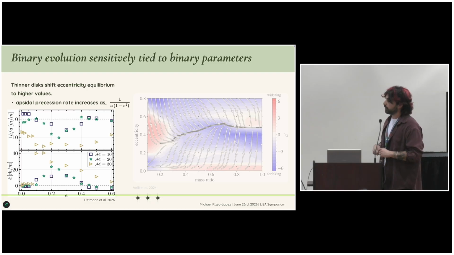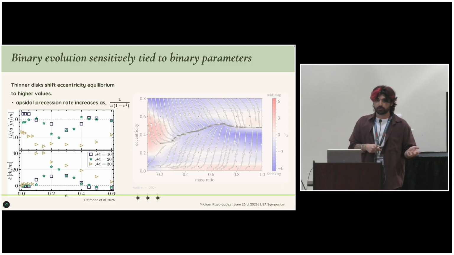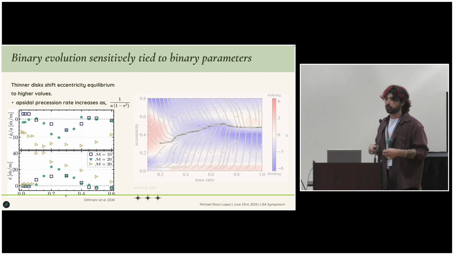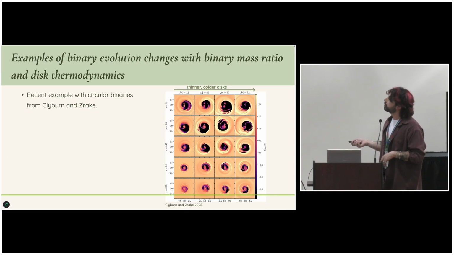In the bottom panel, we have eccentricity evolution as a function of time. What we see is that with these thinner, more realistic disks, we have a more rapid in-spiral, and our binaries also evolve to higher eccentricities. This is specifically exciting for somebody who's putting relativistic apsidal precession into a simulation, because higher eccentricity and smaller separations would mean you have more precessional effects.